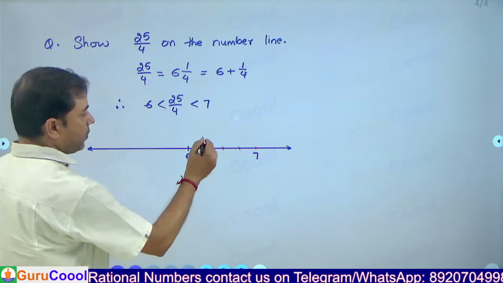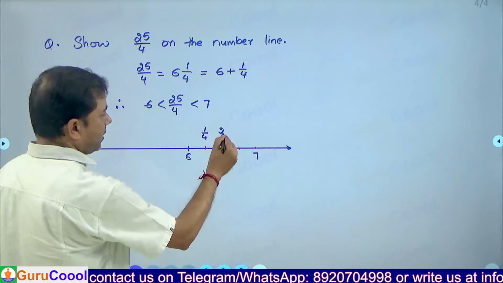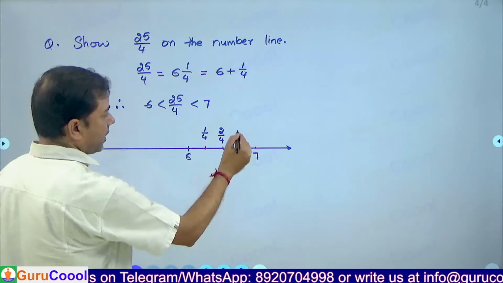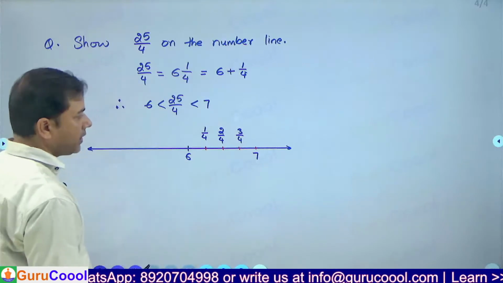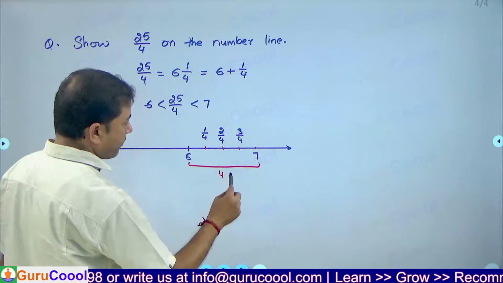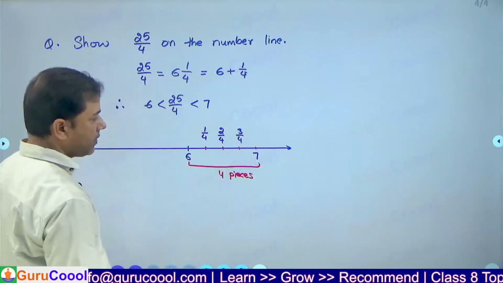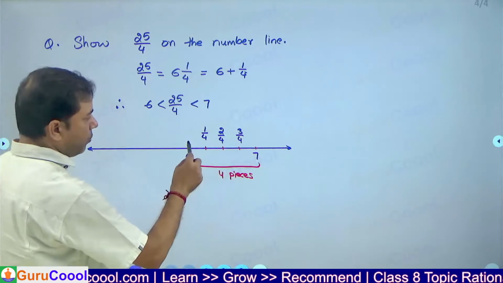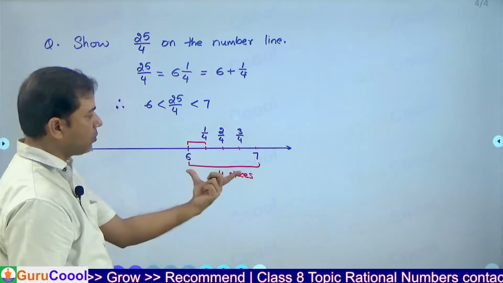Now the first point is representing 1 by 4, second point representing 2 by 4, third point 3 by 4. What does that mean? We have made total 4 pieces. If we take one of them, that means we have taken one part, one piece out of 4.